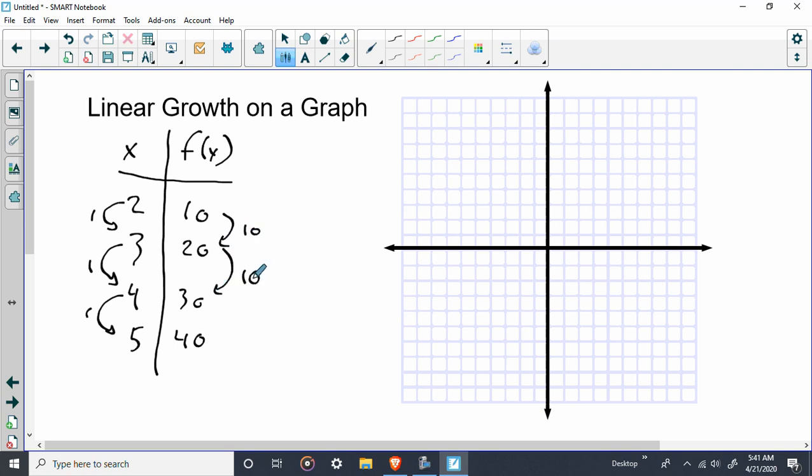So we said for sure that this was linear.